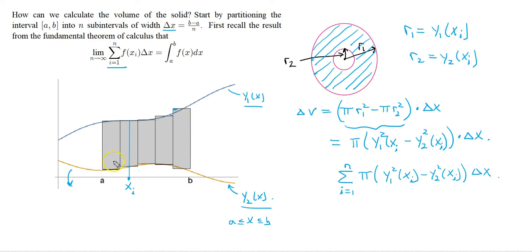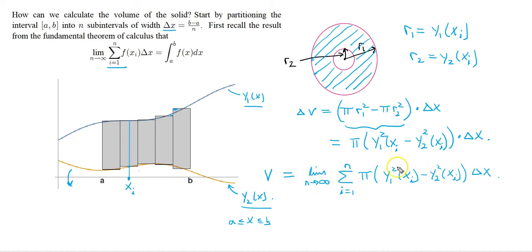But as we choose more and more rectangles, they'll fill in perfectly the area between these two curves. And so if we take the limit as n goes to infinity, this quantity will equal the volume of the solid that we want to find. So this is equal to the volume that we want.